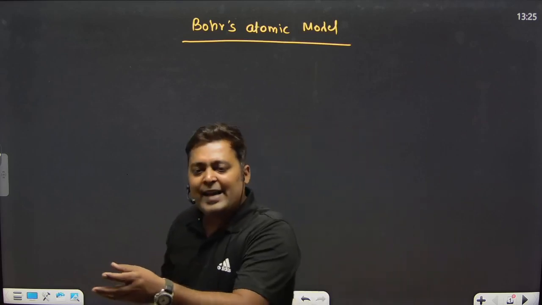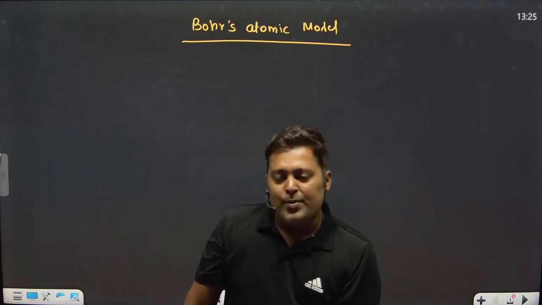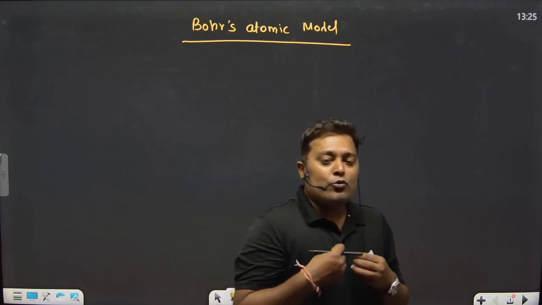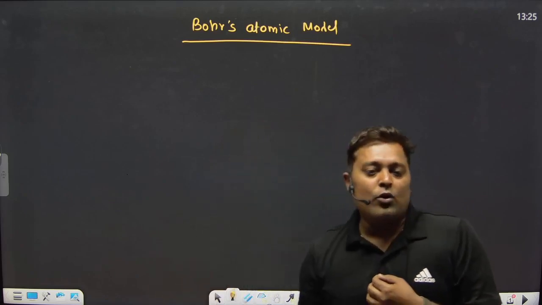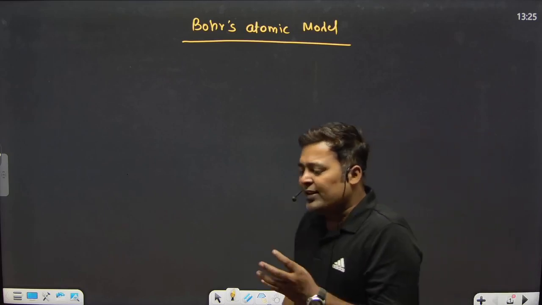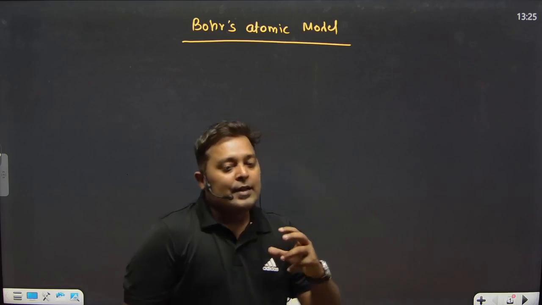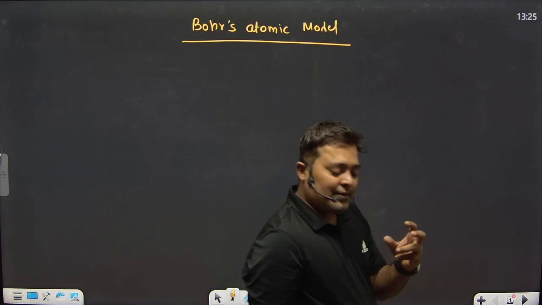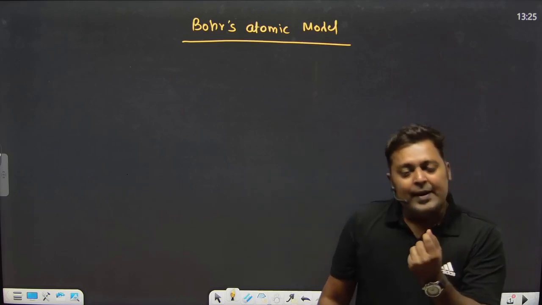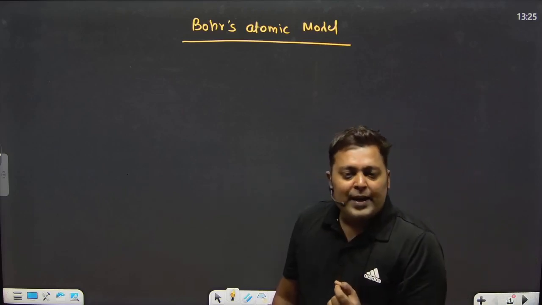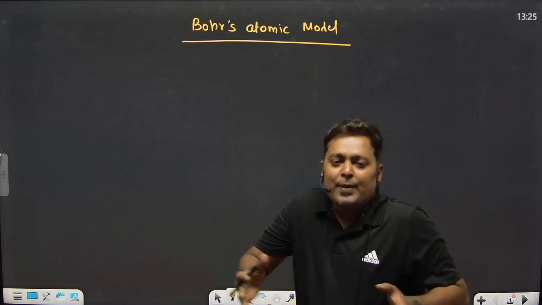If a charged particle rotates around another charged particle, it will continuously produce electrical and magnetic fields. Then its energy will decrease, and ultimately it will show a spiral motion and fall into the nucleus, and the atom will burst.